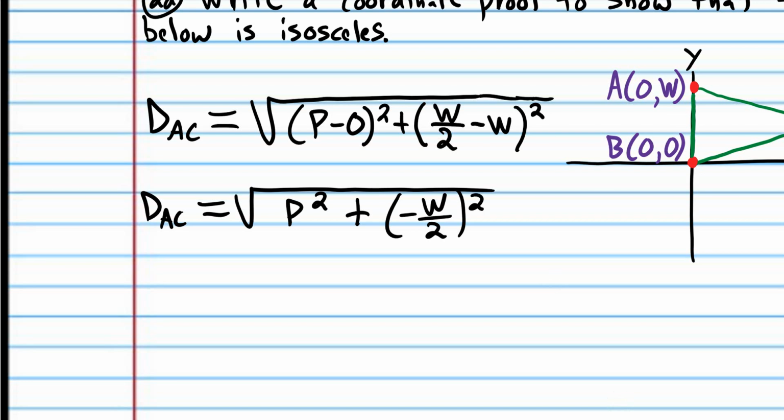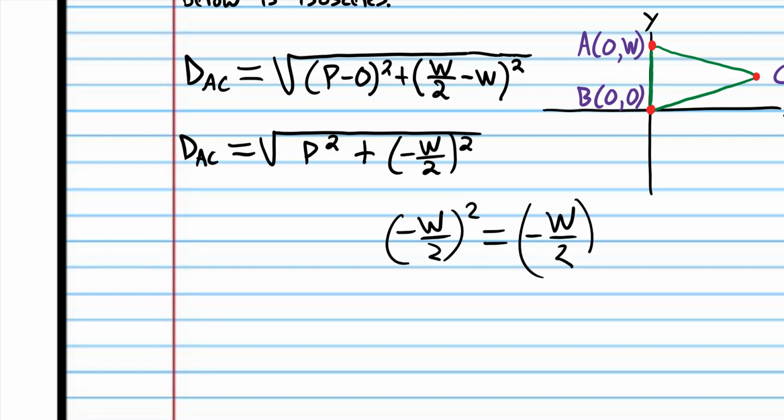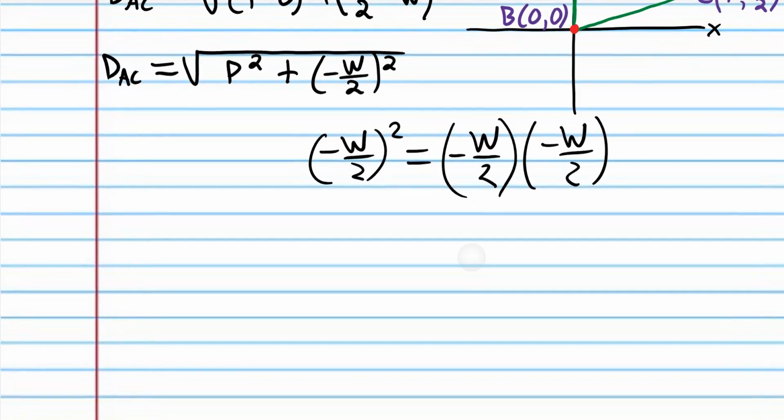And we did a problem like this before. Negative W over 2 squared, that's just negative W over 2 times negative W over 2. That's just what squaring means. You're multiplying it by itself. So now we have to multiply the W's, W times W. First of all, negative times a negative is a positive. W times W is W squared, and 2 times 2 is 4.